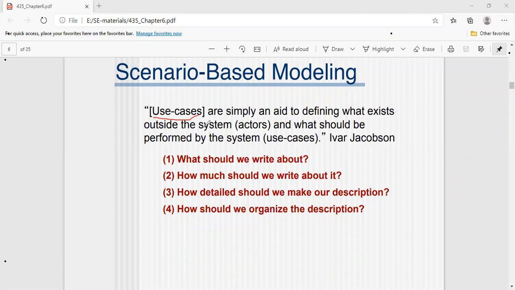Which kind of operations are performed by a customer with this ATM? What actions is he going to perform? He may check the balance, he may withdraw an amount, he may deposit some amount. Like that, he interacts with that ATM machine.